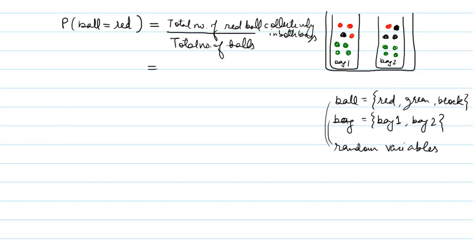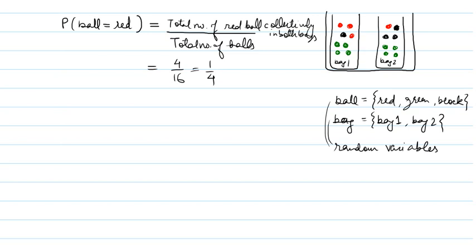That is equal to 4, that is 3 plus 1, divided by 8 plus 8, so that is 16. So I can write it as 4 by 16, that is 1 by 4.